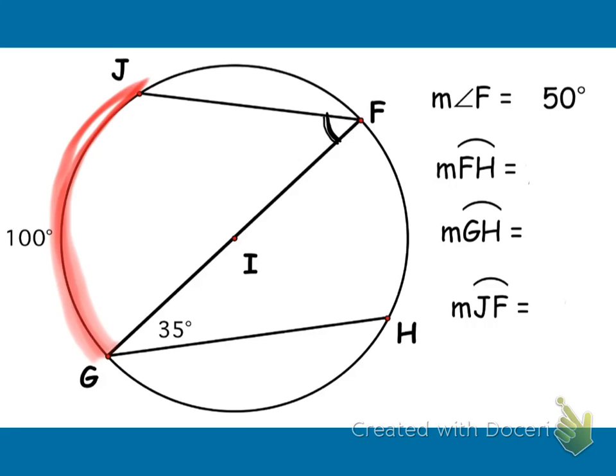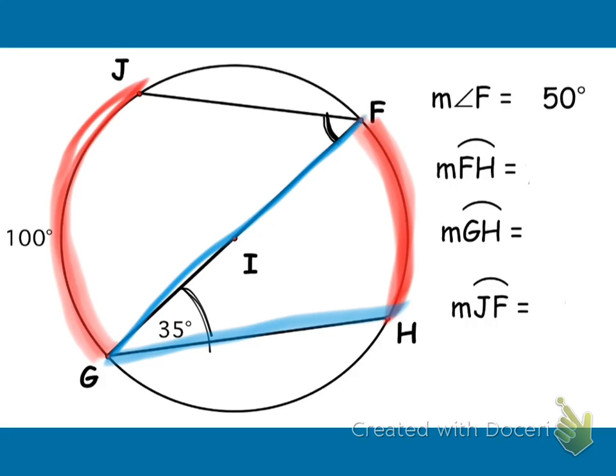If we go backwards and we're given angle G here, or FGH, what is the measure of arc FH? Well, is this angle a central or an inscribed angle? Your vertex is on the circle right here, and your two angle legs make chords of the circle, so that would be an inscribed angle again.